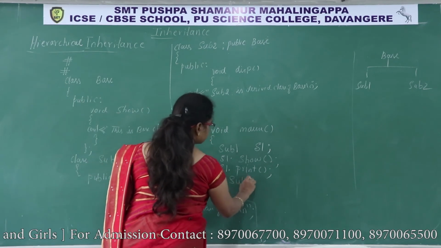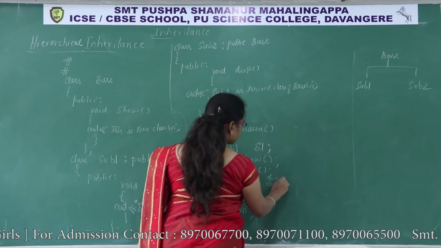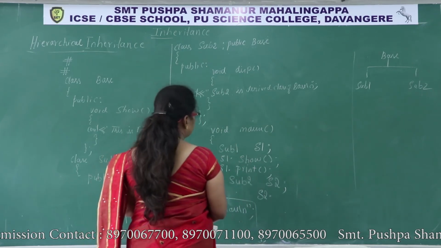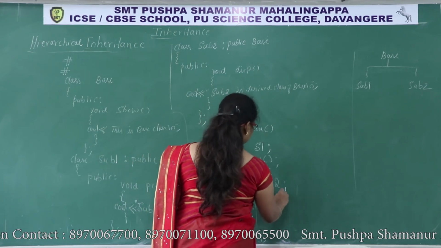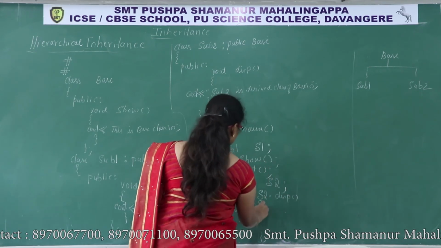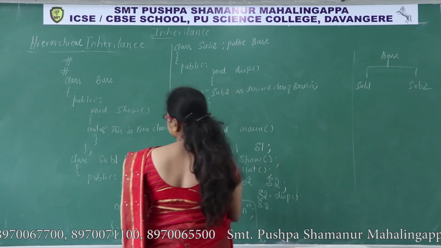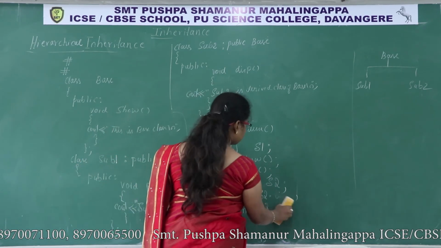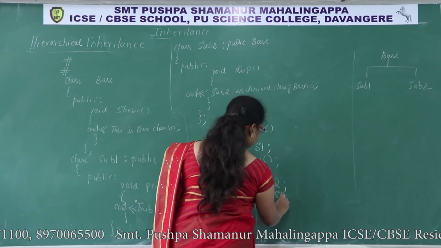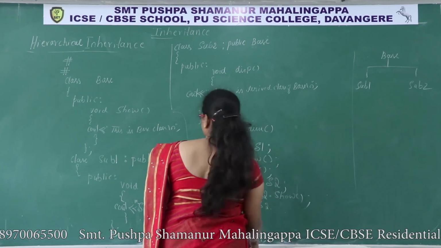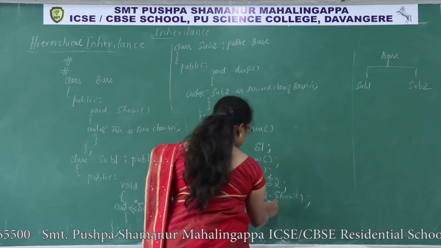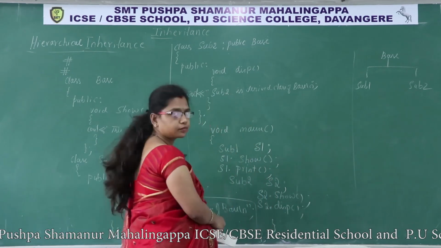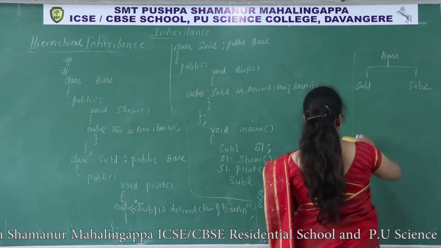Sub 2, I'll take object name as S2. Sorry, first I have to call S2 dot show function, then S2 dot disp, close. Let us see the output here.